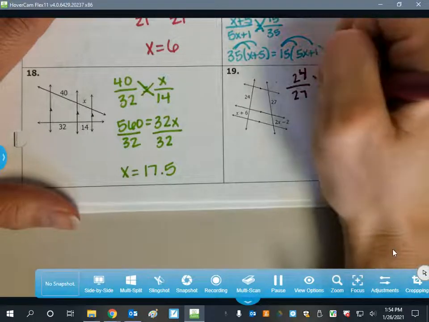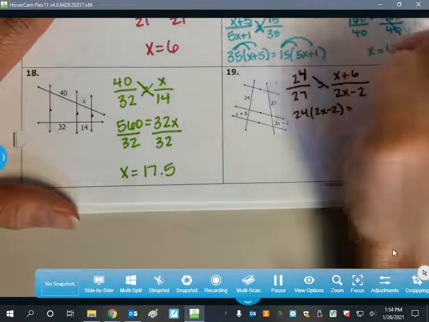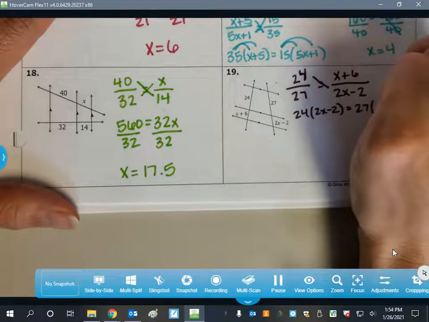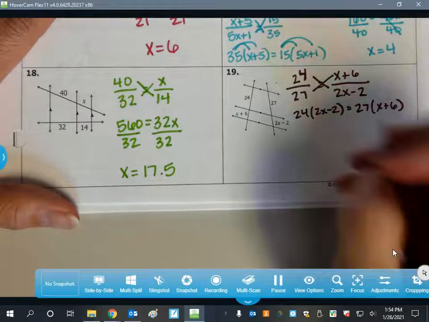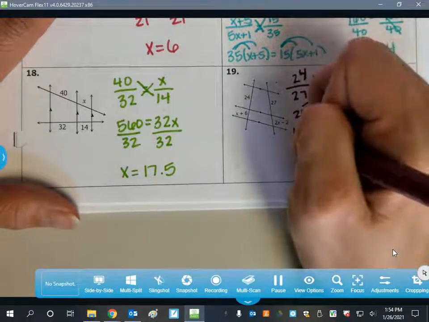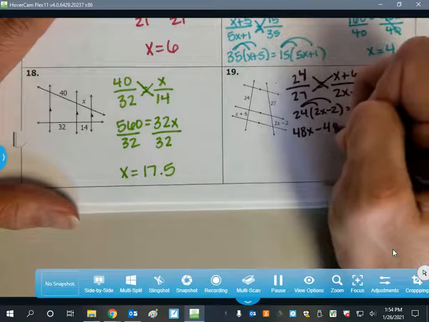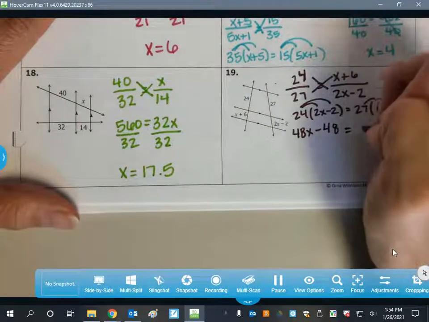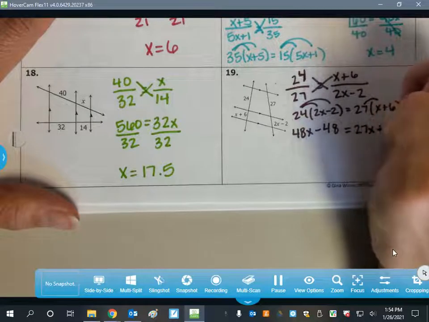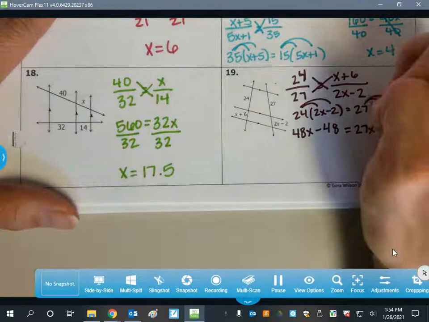Cross multiply. 24 times 2x minus 2 equals 27 times x plus 6. Distribute. 24 times 2x is 48x. Minus 24 times 2 is 48. Equals 27 times x is 27x. Plus 27 times 6 is 162.